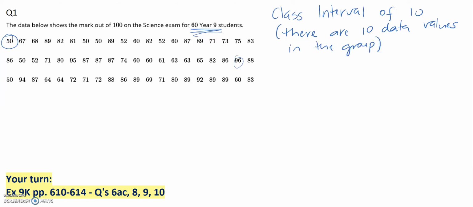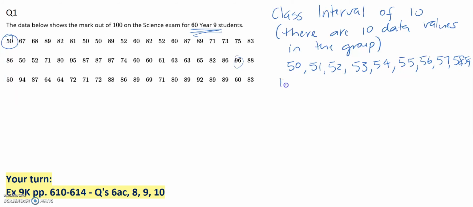So what that means is that if we start at 50, 51, 52, 53, 54, 55, 56, 57, 58, and 59, if you count 1, 2, 3, 4, 5, 6, 7, 8, 9, 10, that is 10 values.